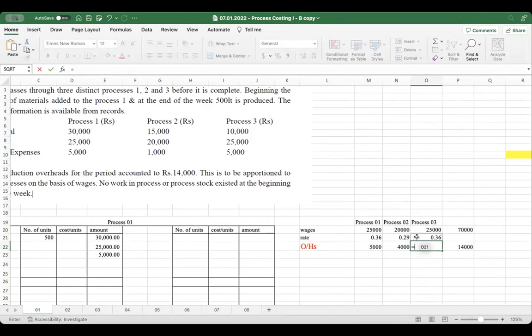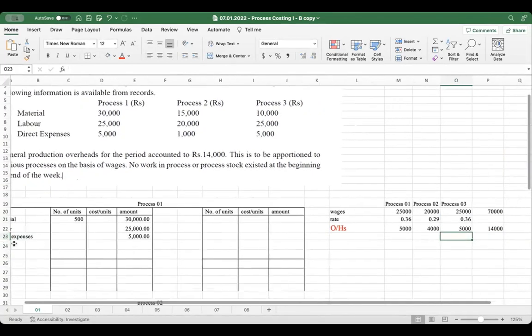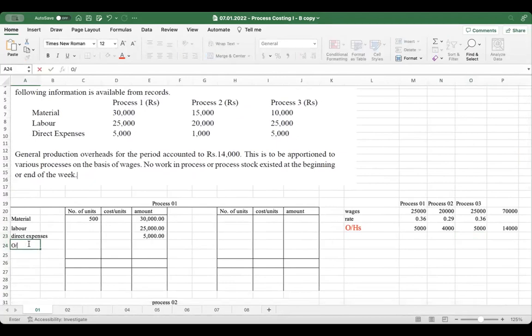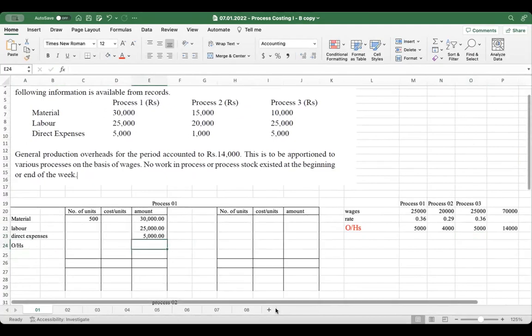Process 3, again 5,000, right? Now, along with these direct expenses, we have to put overheads as well. So for process 1, it will be 5,000. Clear? Okay.